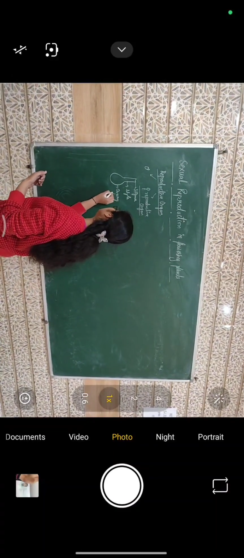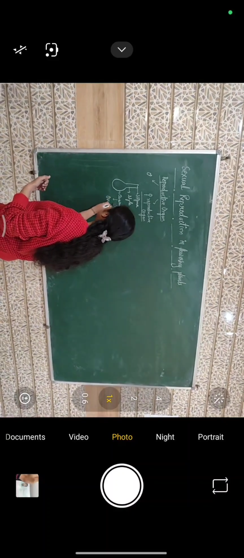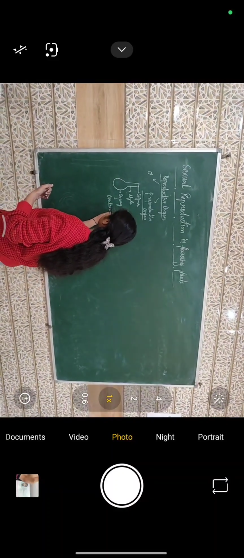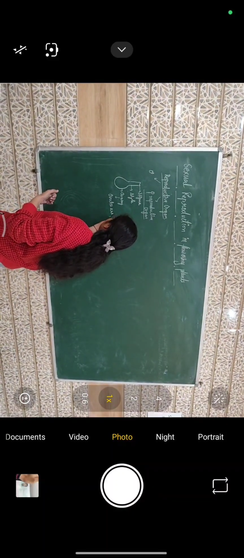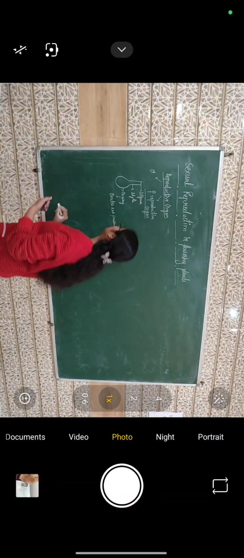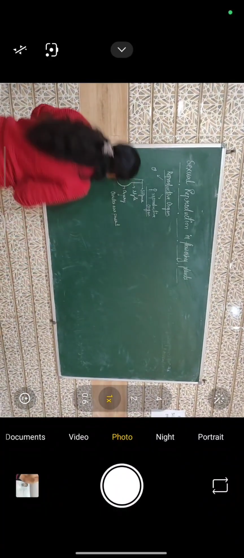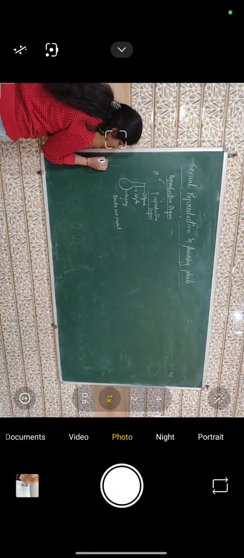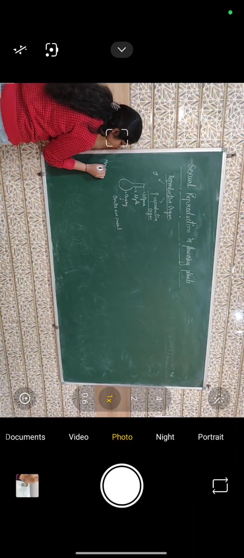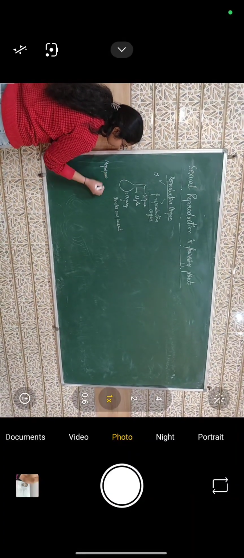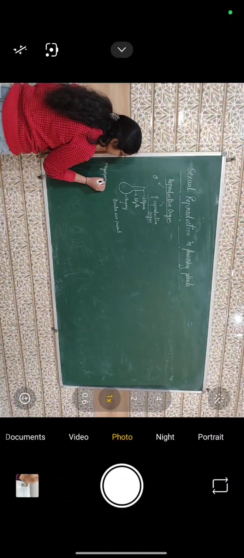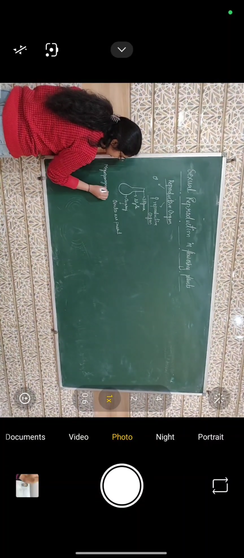Inside this ovary, ovules are present. So if we draw megasporogenesis, here the process of formation in the ovule is megasporogenesis.